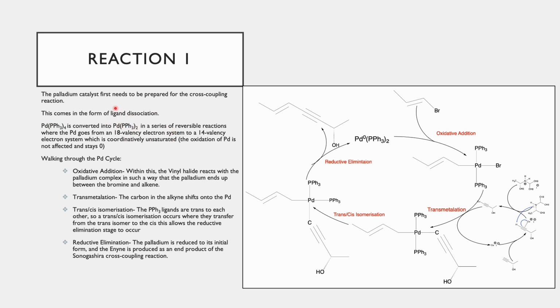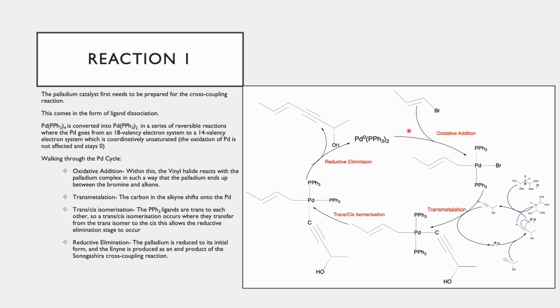This can be done via ligand dissociation, which turns this palladium complex into this, going from an 18 valence electron system down to a 14. Note the oxidation state of the palladium does not change, and this now has unsaturated coordination sites which allow our ligands to bond to.